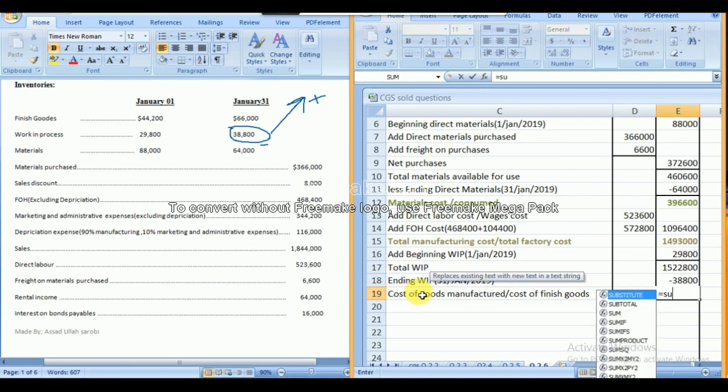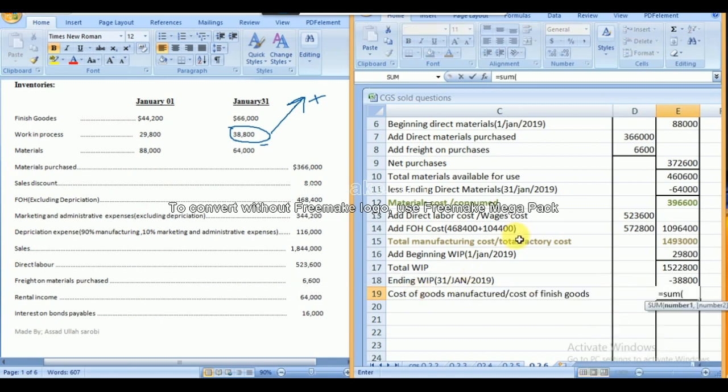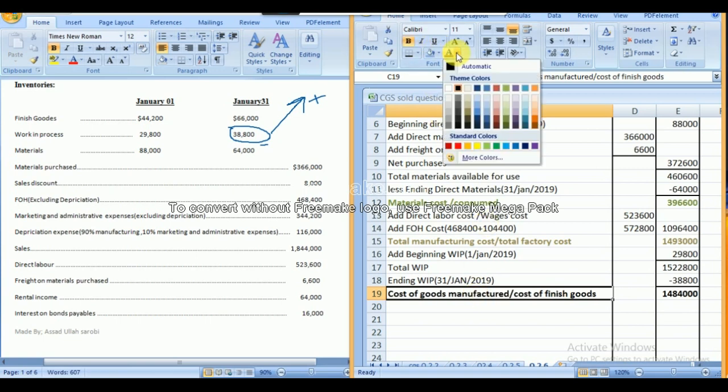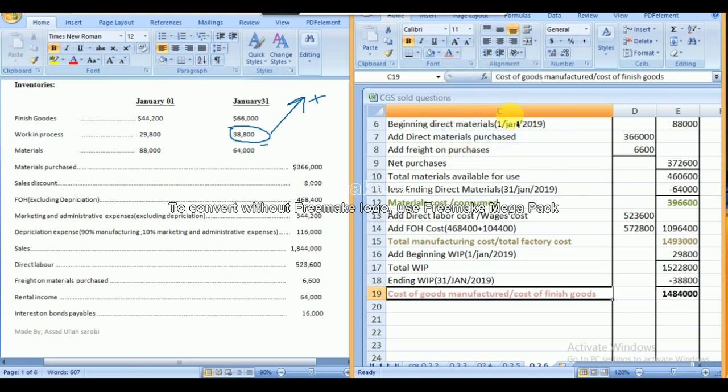So look at it, the total was 15,22,800, but in that only 38,800 remains. So how much finished goods did we produce? So the 14,84,000 finished goods we produced during the month of what?